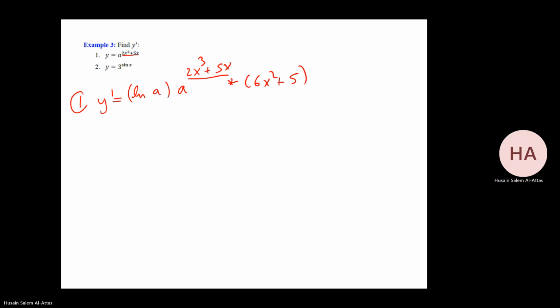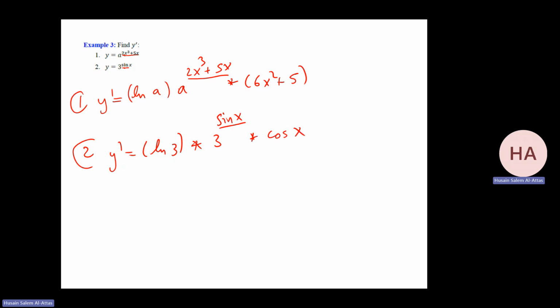That's it. Second one, this is u. So y prime will be ln 3 times 3 to the power sine x times the derivative of this, which is cosine x.